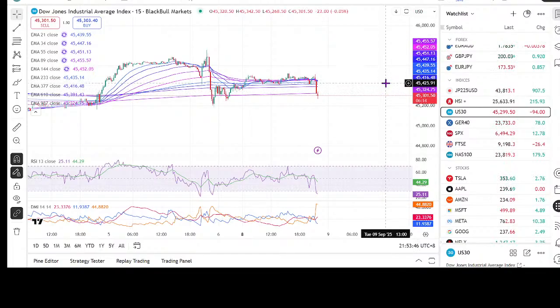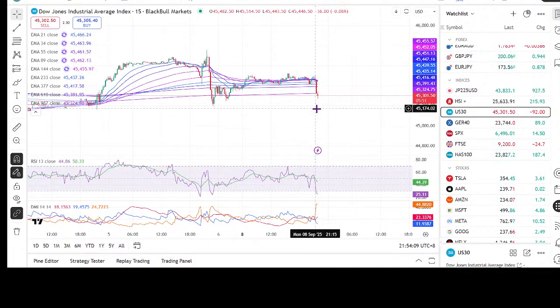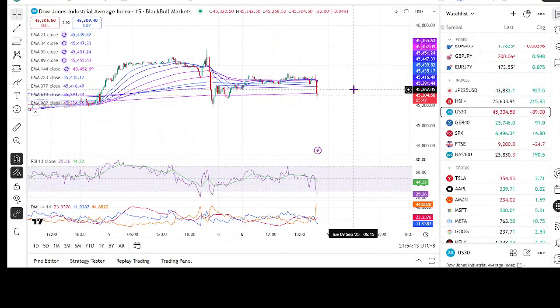So we'll try to sell half lot at 45,350, another one at 450, with the stop being above 550 and 575, and expect this low to break or test. If it breaks, then price may go down lower, otherwise this is going to be in a range.